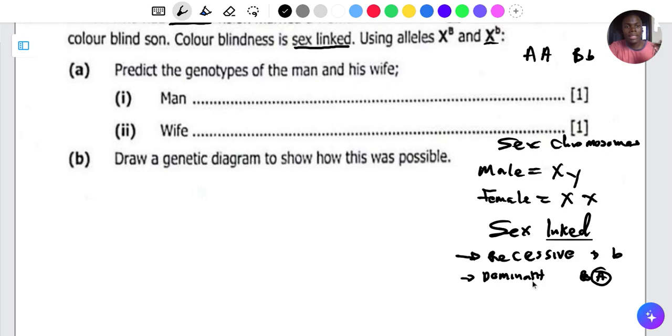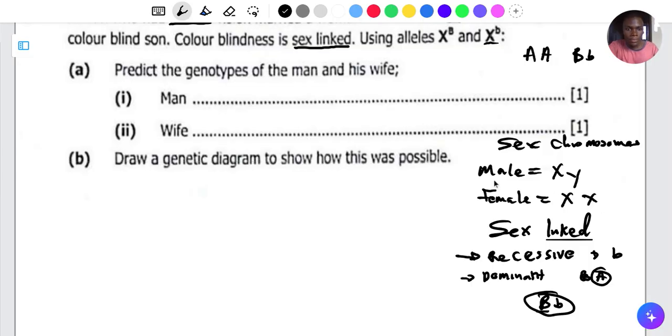Dominant is more powerful than the recessive. So when you have capital letter B and small letter b, since B is more powerful, it is going to overshadow small letter b. Capital letter B is going to be shown out.